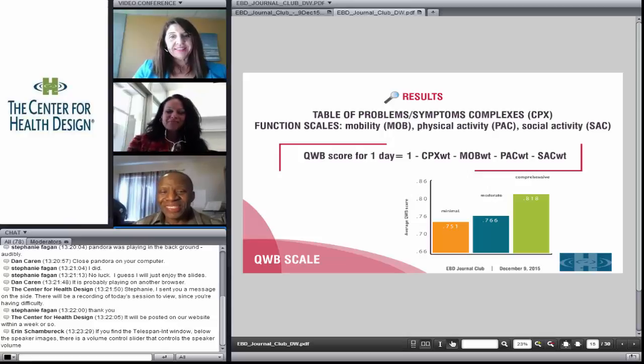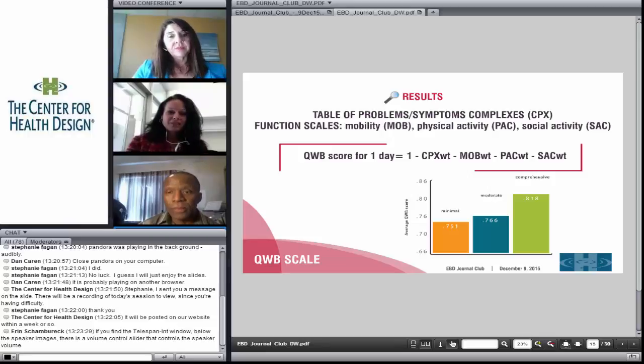So interestingly enough, these are just the quality of well-being scores, and I think these are really worth looking at and mentioning. What you can see here is that there is a difference between minimal and moderate, but it is not statistically significant. However, there is a significant difference between comprehensive and both moderate and minimal.